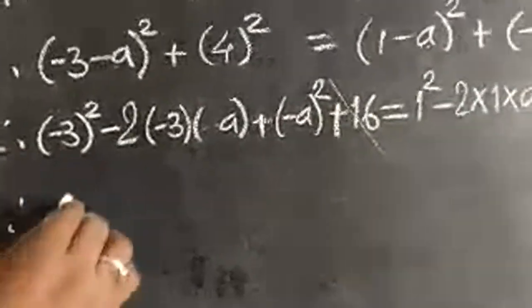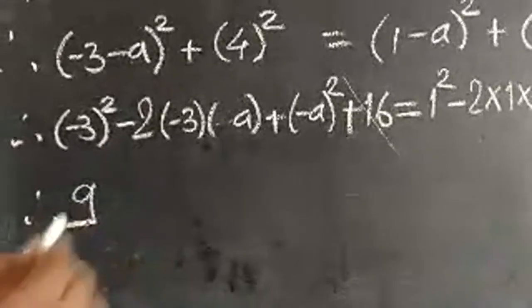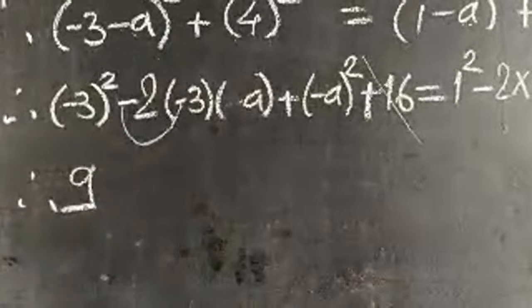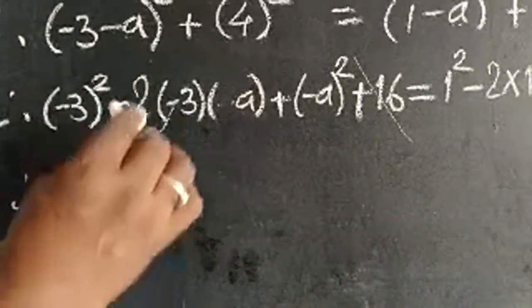Minus 3 square is plus 9, and here minus becomes plus.